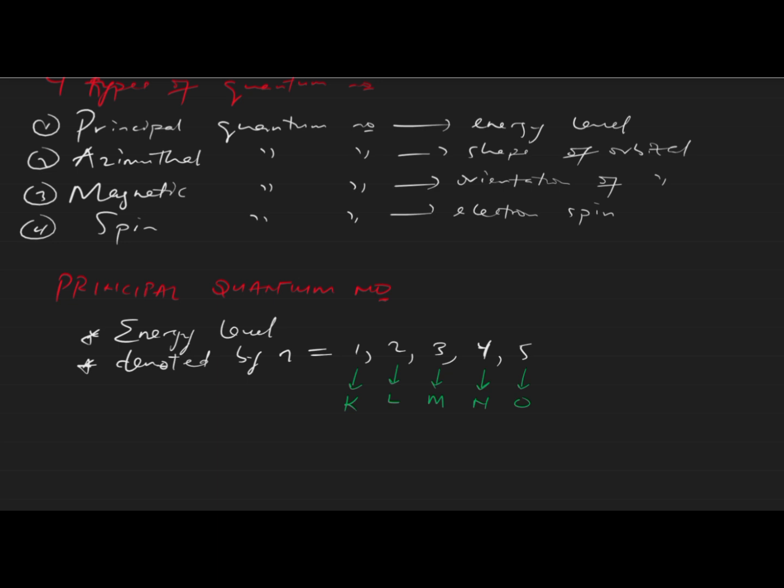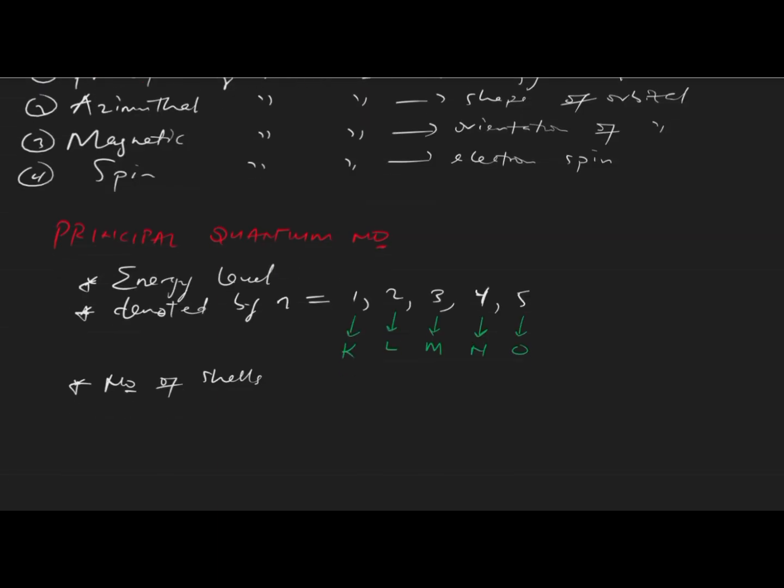So these energy levels also help us to determine what we refer to as the number of shells in an atom. So with the knowledge of the principal quantum number, we are able to determine the number of shells that are contained within an atom. So that is simply what the principal quantum number is all about.